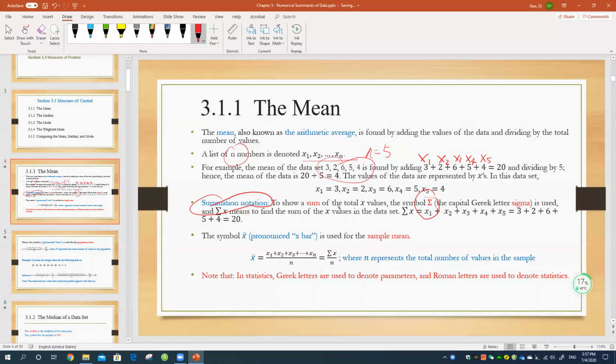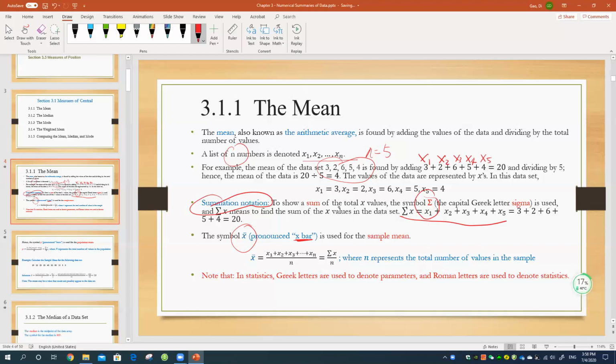So sum of x means to find the sum of all the total x values in the data set. So the correct writing is going to be sum of x equals x1 plus x2 plus x3 plus x4 plus x5, which is the representation of each x, 3 plus 2 plus 6 plus 5 plus 4, and then it is 20. So for the mean of this data set, we're going to use this symbol, and we read it as X bar.